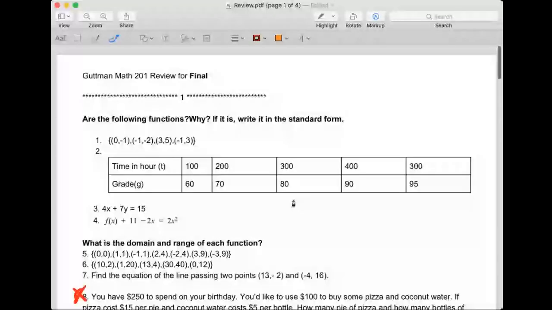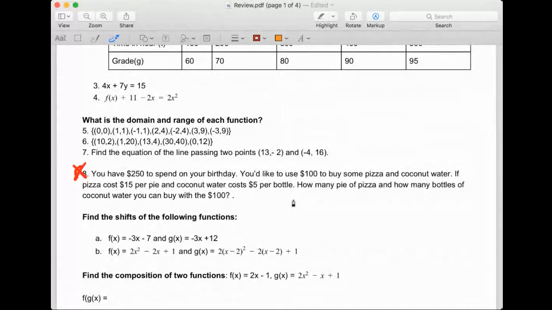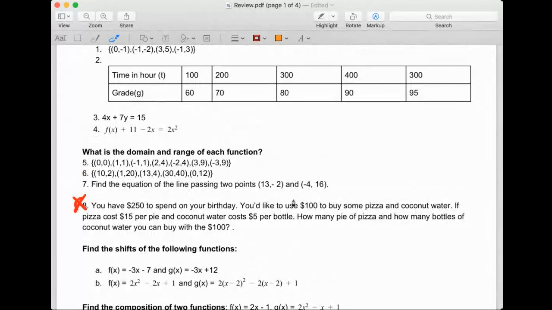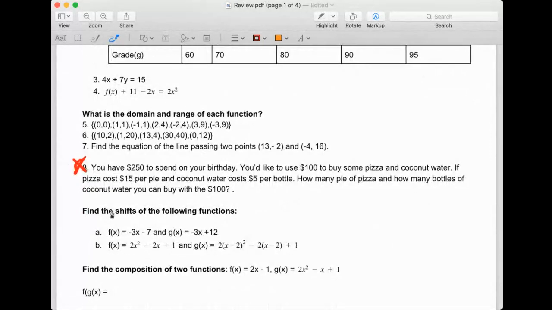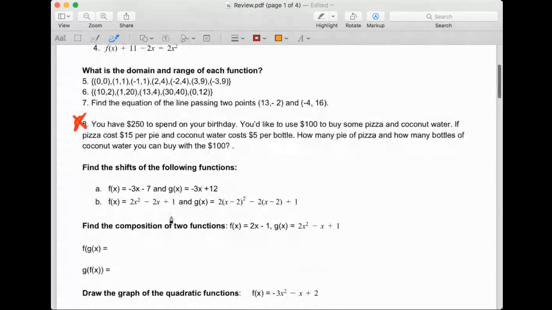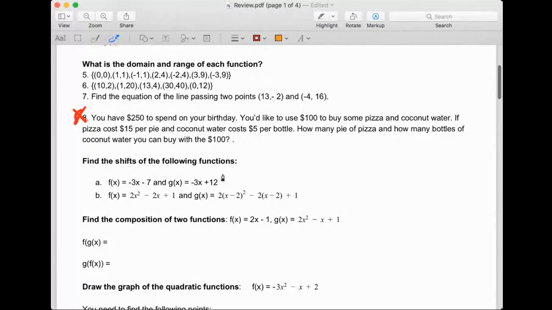Okay, so find the shift of the following functions. Right, okay, I see.